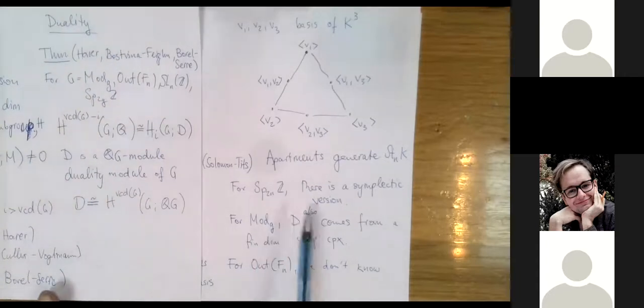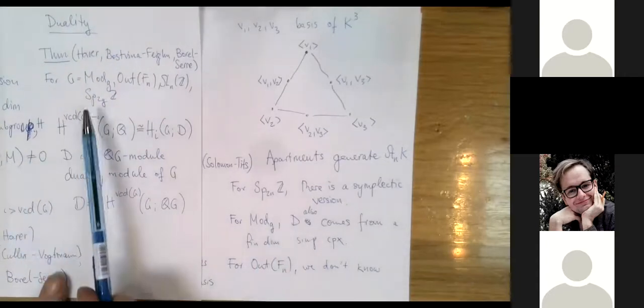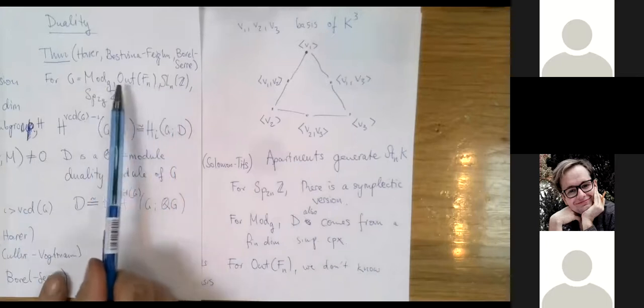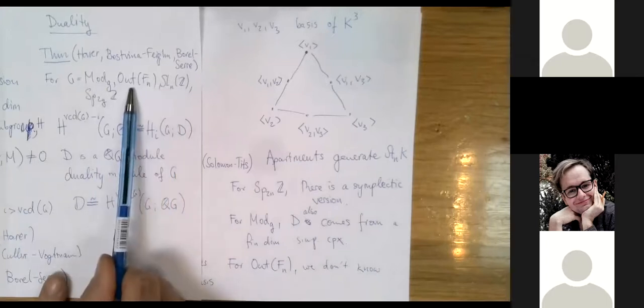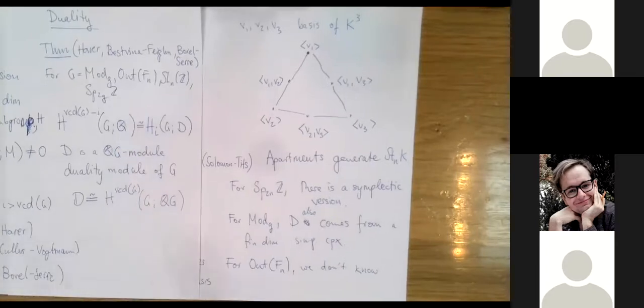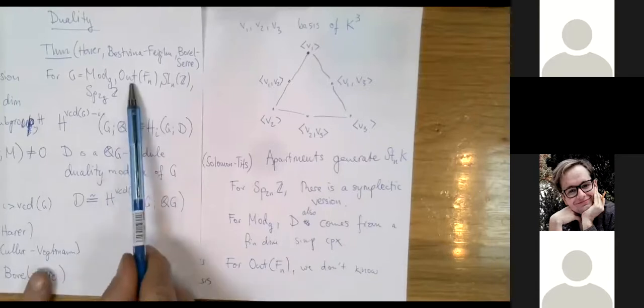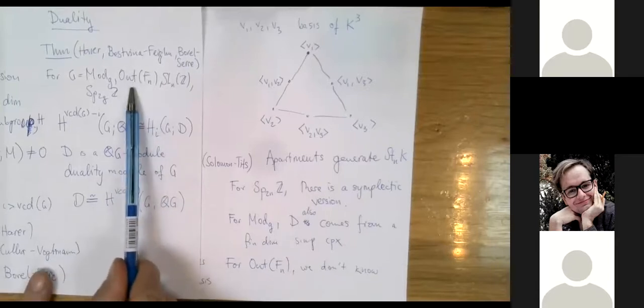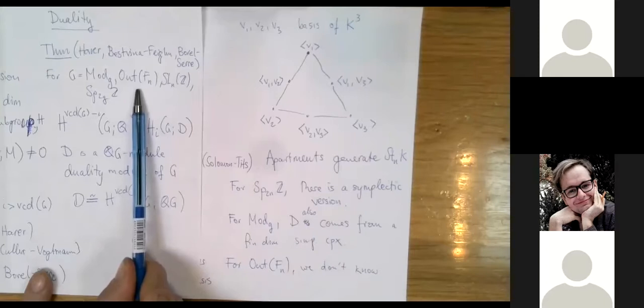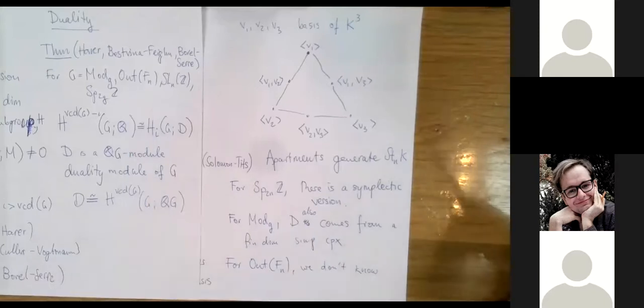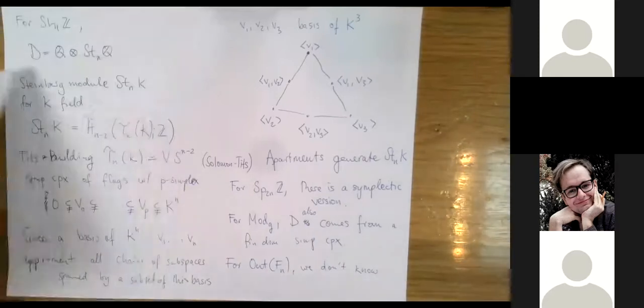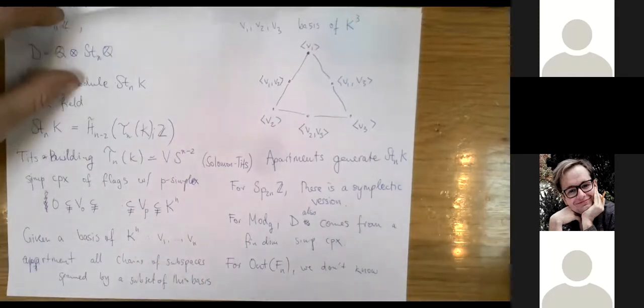And the big difference here is that for every one of these groups except for the outer automorphisms, those spaces are manifolds, and then you can use Poincare duality to understand something about this. But for the automorphisms of the free group, the space is going to be outer space, and it's not a manifold, and so there you can't use Poincare duality. Okay.